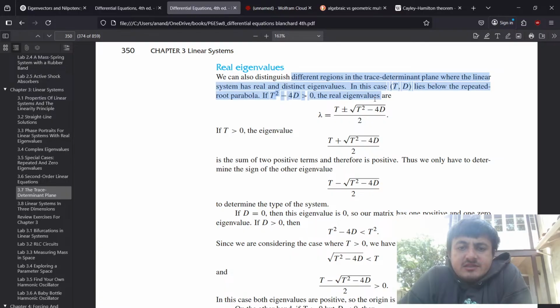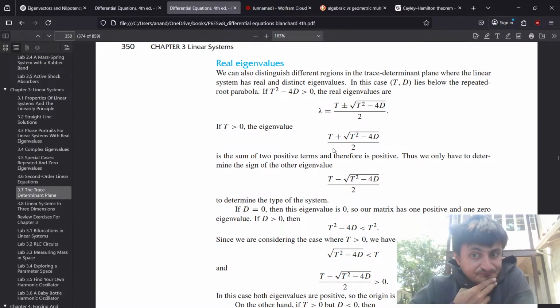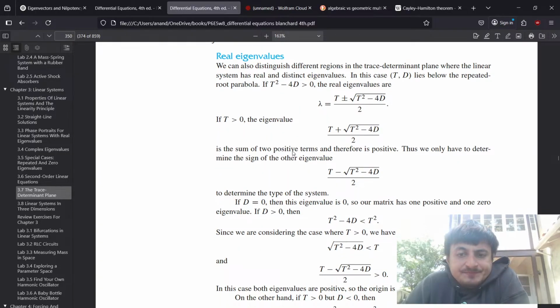However, if t squared minus 4d is greater than 0, then the real eigenvalues are this. If t is greater than 0, then we have a plus, plus a plus.